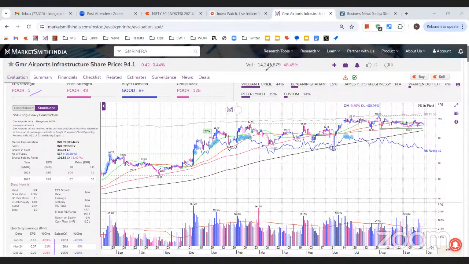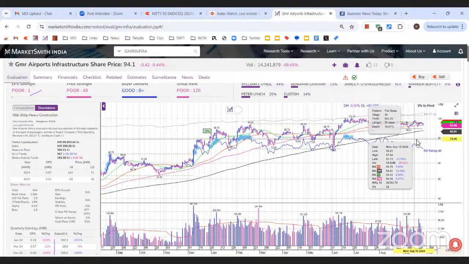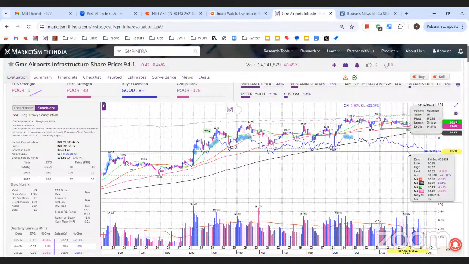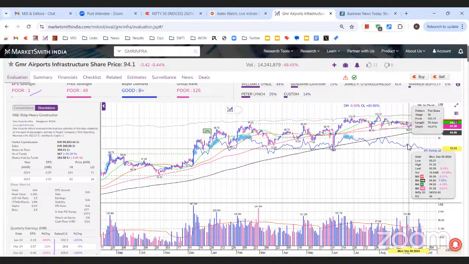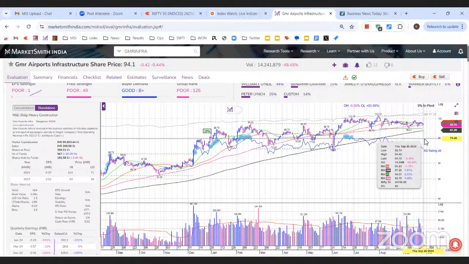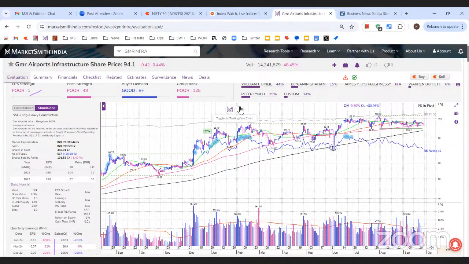Someone who's holding on to the stock can hold it till maybe the recent lows of 89.21. That is where one can hold it. If that gets breached, definitely think about exiting the stock. A new entry is not supported by the CANSLIM criteria.